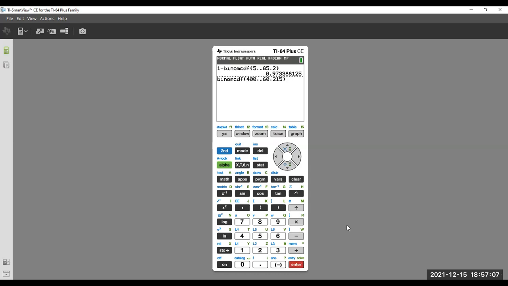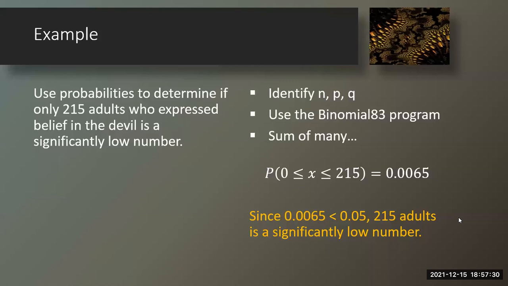Paste that in there, and there's a 0.00647 when I round to 3 significant digits. So I can look at that in terms of plus or minus 2 standard deviations from the mean, or I can look at it in terms of probability. And they really should support each other. I really shouldn't get diverging opinions there, unless there's something odd going on.